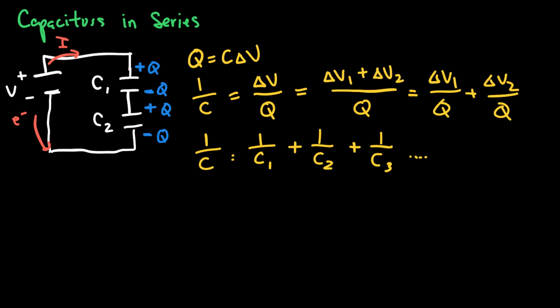The way that we write this is 1 over the equivalent capacitance for a series arrangement is equal to the sum of 1 over the capacitance until we've added them all up until we get to the ith capacitor. So we'll write the sum over i of 1 over Ci is equal to 1 over the equivalent capacitance for a series arrangement.